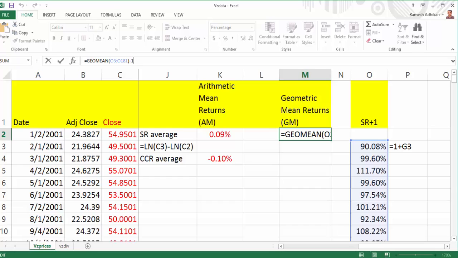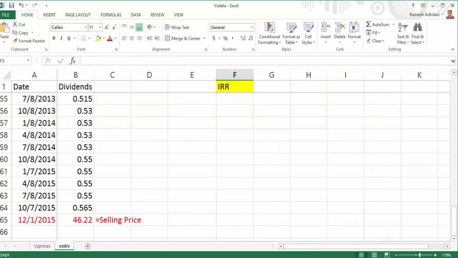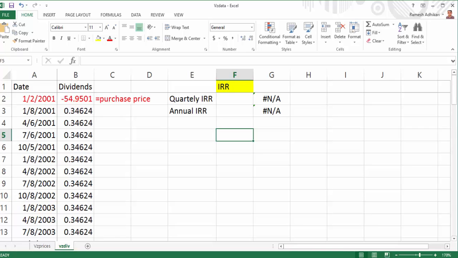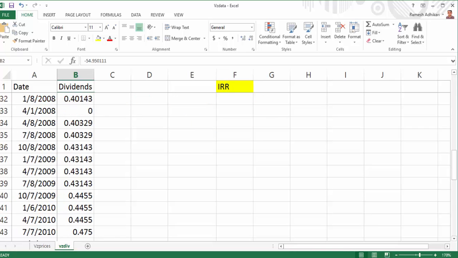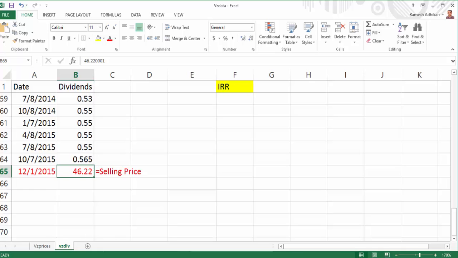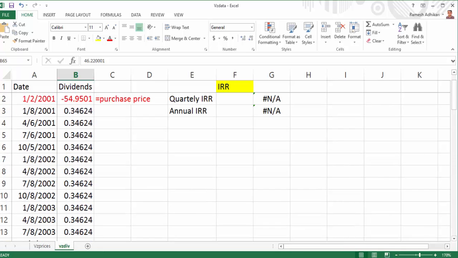Now let's see how we calculate the internal rate of return for a stock investment, right? If you remember from capital budgeting, internal rate of return requires the cash flow. So I want to go to a different sheet right here, which has the dividend, and I have added the purchase price at the beginning and the selling price at the end, because these are part of the cash flow, right?